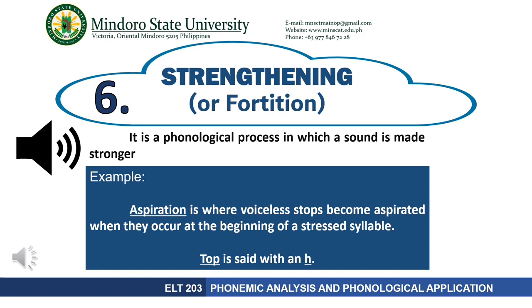Under this type, there is a term called aspiration, in which voiceless stops become aspirated when they occur at the beginning of a stressed syllable. Given the example below, "top" is said with an H. Instead of "top", it becomes "thop".